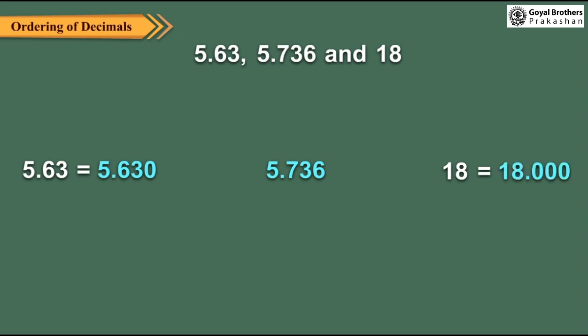Out of these, 18.000 has the greatest whole number part. So 18.000 is greatest. In 5.736 and 5.630, the whole number parts are the same.